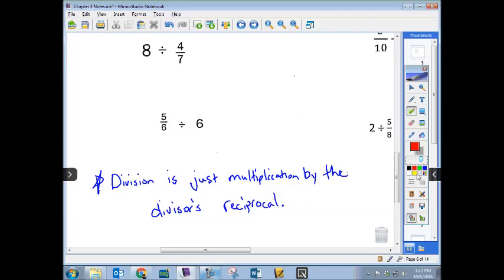Give you a second to finish that up. Okay, division is just multiplication by the divisor's reciprocal.